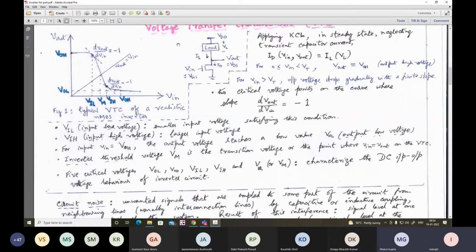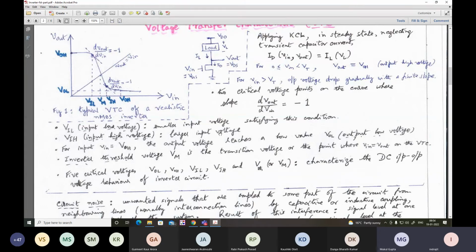On the other end, when the design aspect comes, in order to meet a particular power dissipation, or a particular current driving ability, or a particular dynamic speed, what is the desired value of W/L? Those will be design problems. Going from the targeted or specified value of dynamic speed or driving current, we can try to determine the value of W/L.